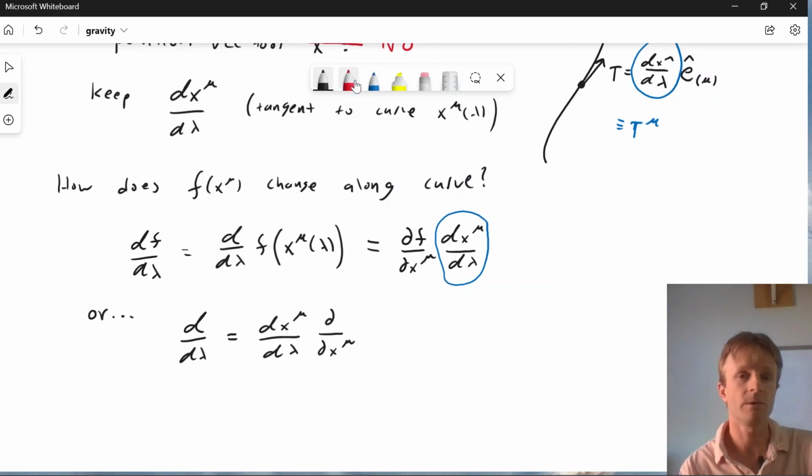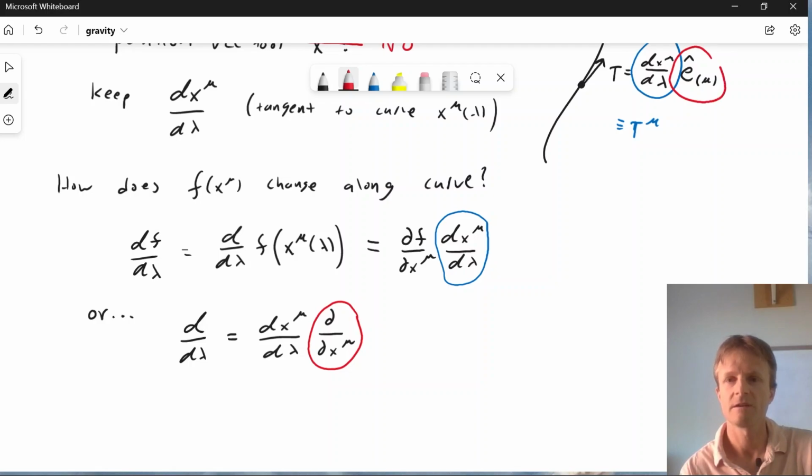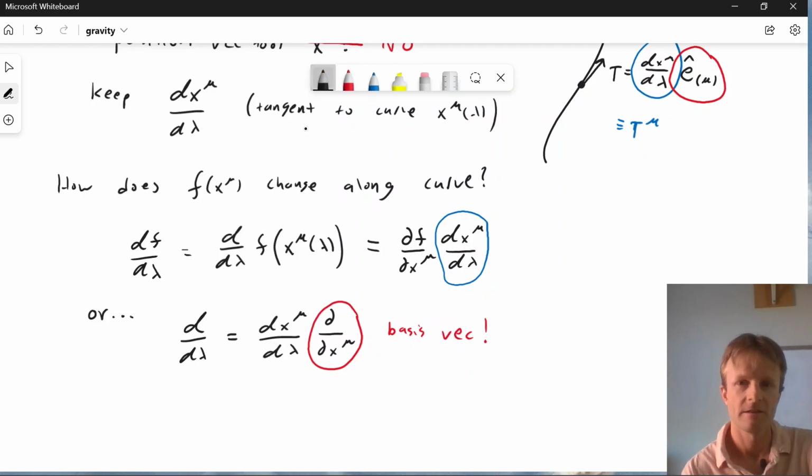But then what we do to start turning this into an actual definition is we compare to special relativity, where these things here were our basis vectors. And we say this should be a basis vector, an abstract basis vector. And we say this thing then should be the tangent vector, abstract tangent vector.